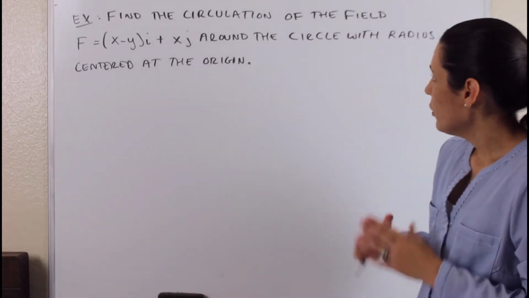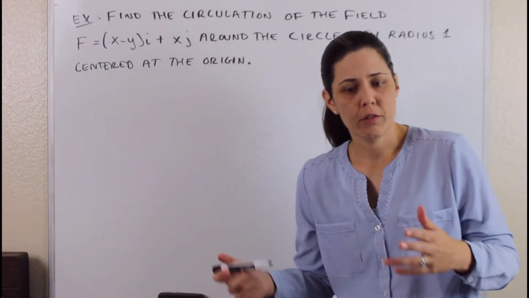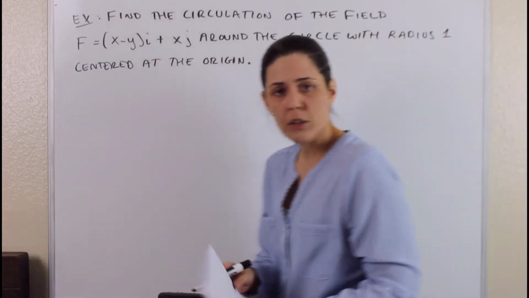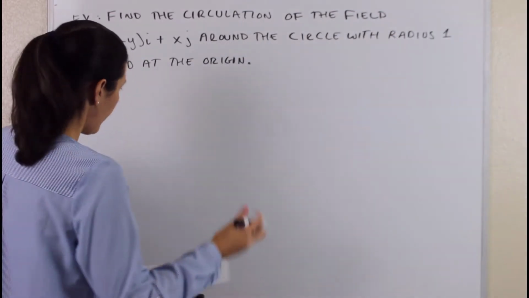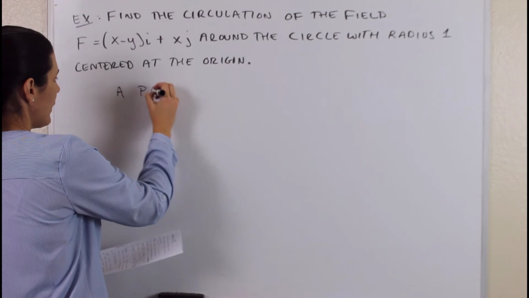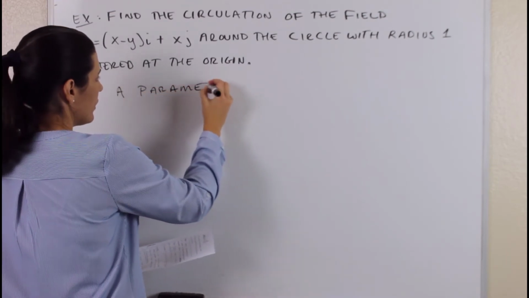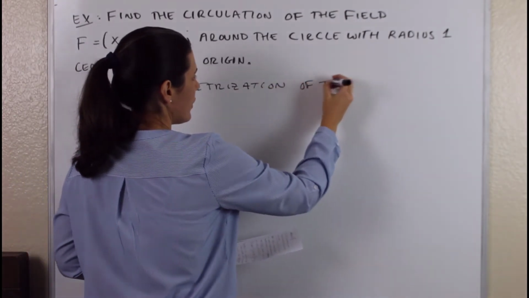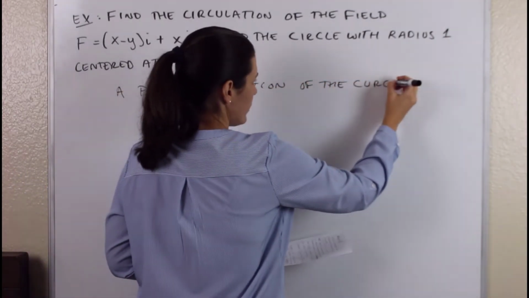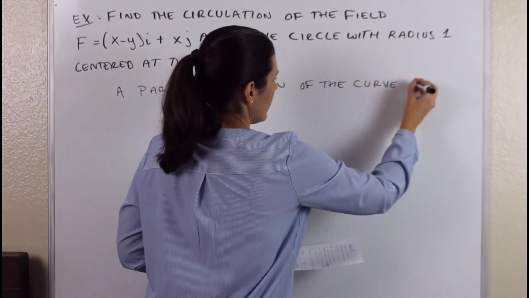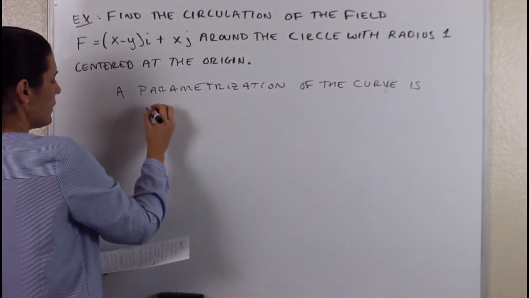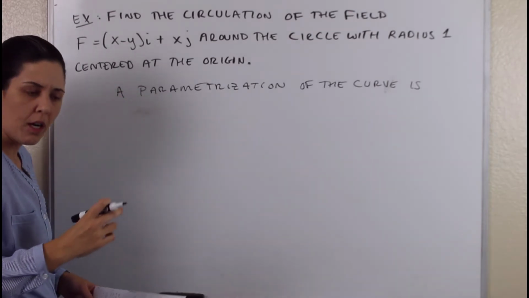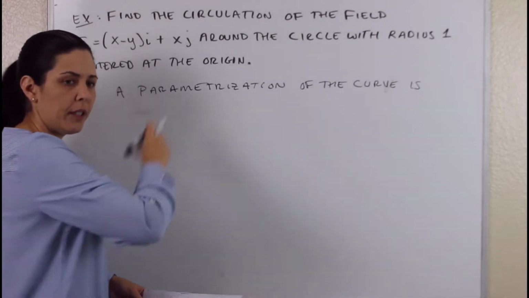On this one, notice no parameterization of a curve is given, but we are told it's a circle, we're told the radius, and we're told where it's centered. So we should probably just start right there. A parameterization of the curve, in our case the circle, is, well, I'll do it all at once, because when I gave it to you as a common parameterization, I separated x and y.